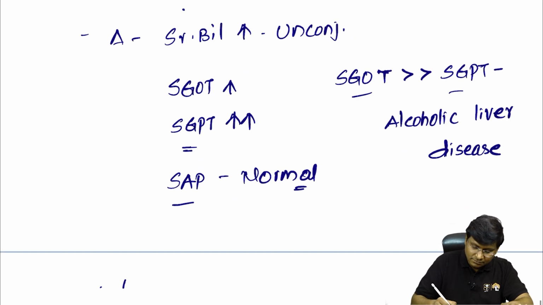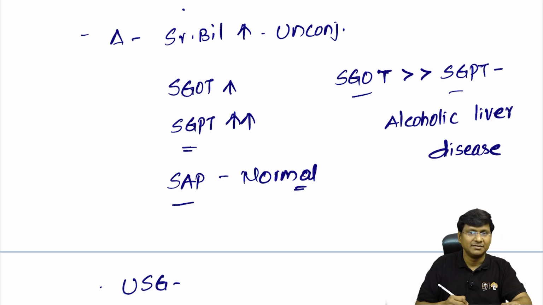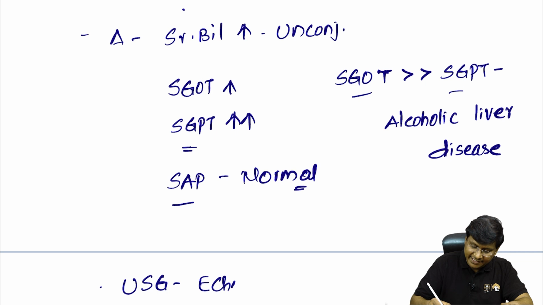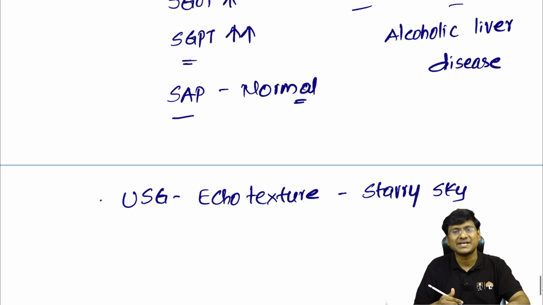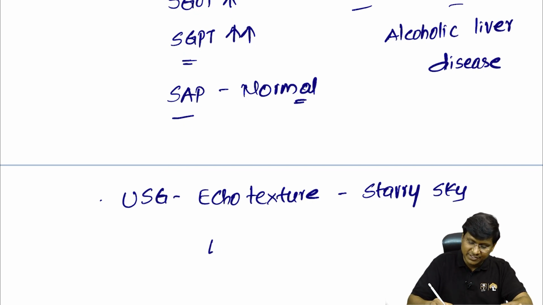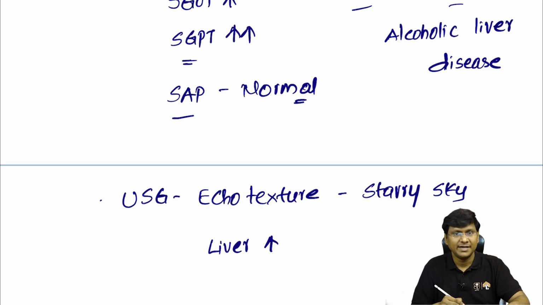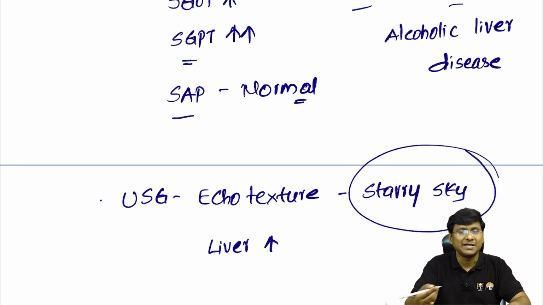Then, when you do an ultrasound of the abdomen in case of viral hepatitis, if you observe the echo texture, the liver parenchyma will have a starry sky appearance. And in the USG, you will also notice that the liver span is increased. Now, the starry sky appearance occurs in multiple other conditions.